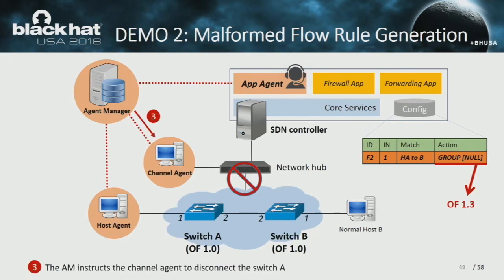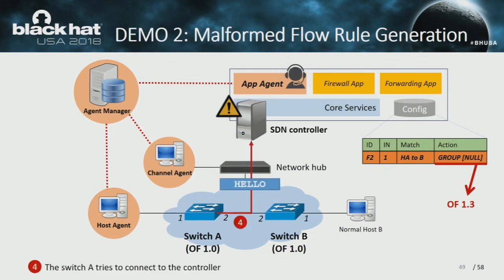After that, the agent manager commands the channel agent to interrupt the control channel for a few seconds. So in this example, switch A retries to connect to the controller by sending hello messages. But the SDN controller gets a null pointer exception when reading the abnormal value in the configuration DB. So the handshake continuously fails because the abnormal value constantly remains in the configuration DB.